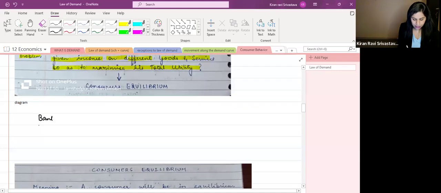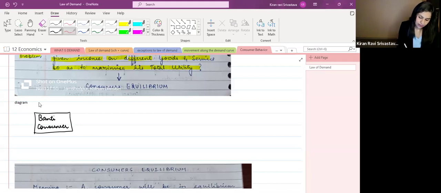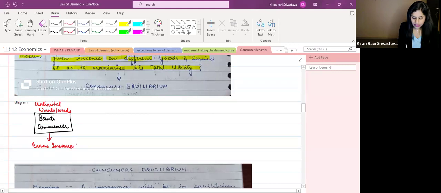Bunty is our consumer here, and Bunty has unlimited wants and needs. And Bunty also earns income. He earns income. He's not a student, he earns income.